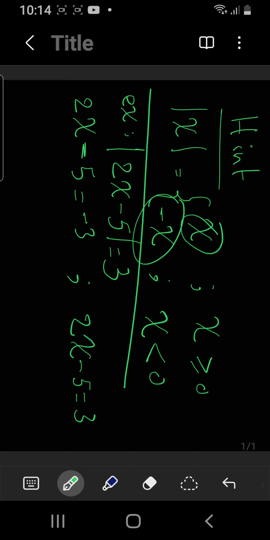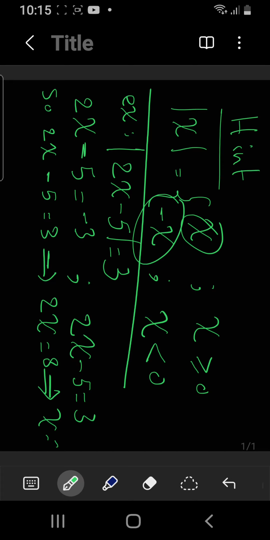So if we solve 2x minus 5 equals 3, then 2x equals 8, so x equals 4.